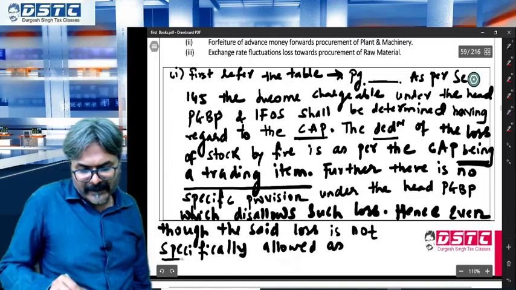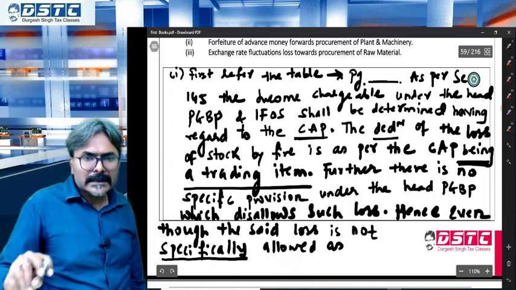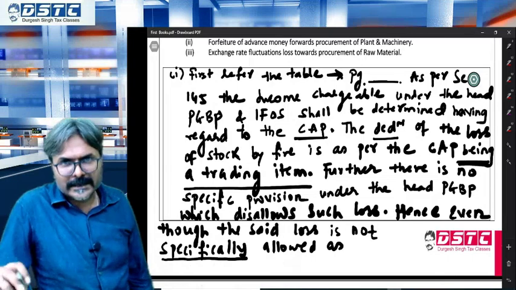Not specifically. What do you mean by not specifically? It means there is no specific provision for its allowability.